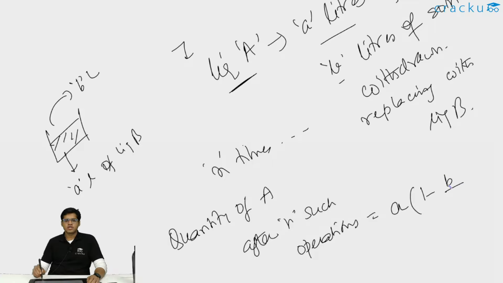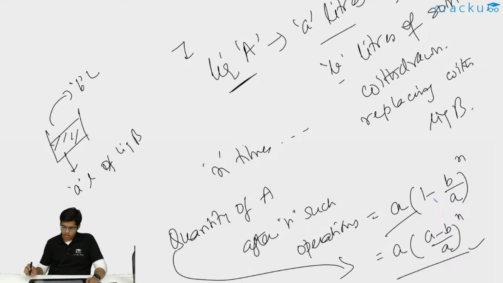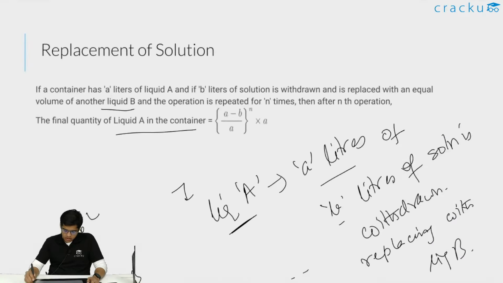B volume is being removed. What is the total volume? A. 1 minus B by A to the power n. So I can write a into (A minus B by A) to the power n, right? This is the quantity of A after n such operations. This is the formula. Okay, this is replacement theory.